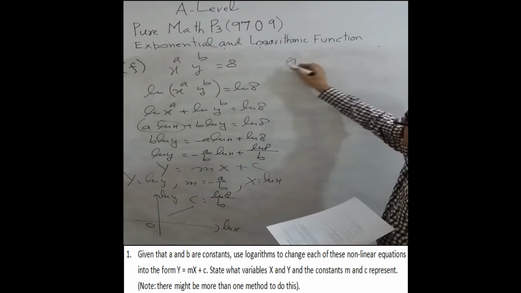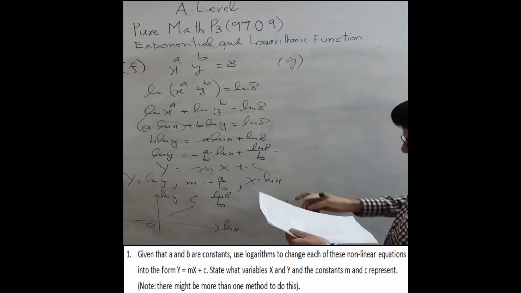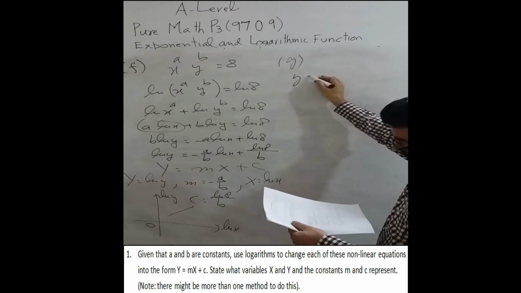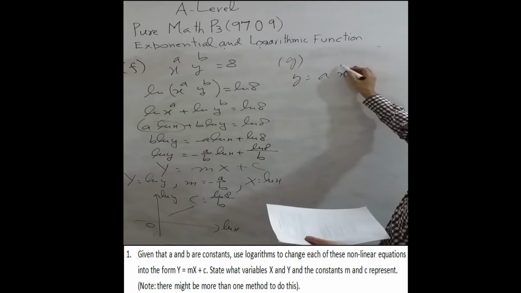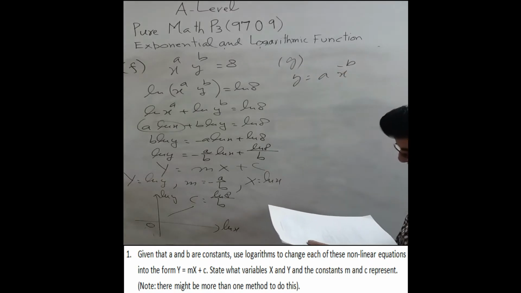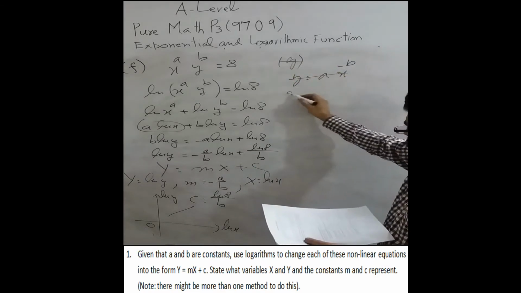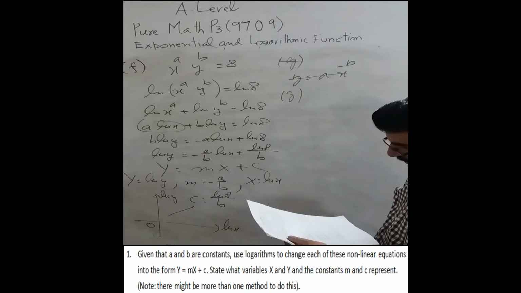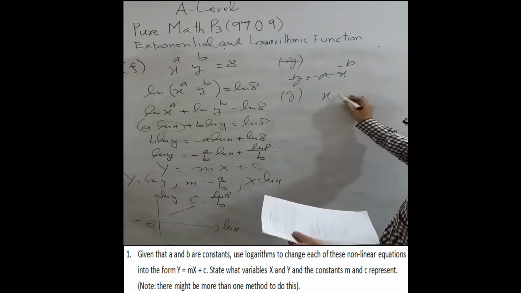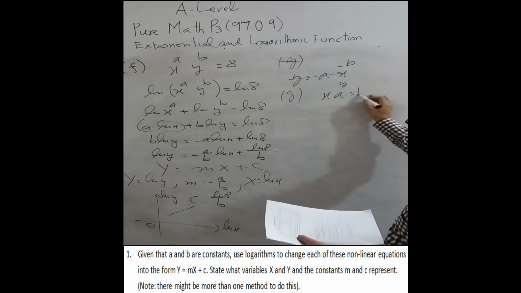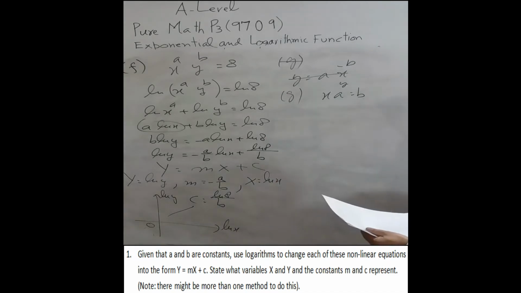Now we have g part. G part is y is equal to a x raised to the power minus b. I'm sorry, we have done it. So g part is not this, it's x a raised to the power y is equal to b.